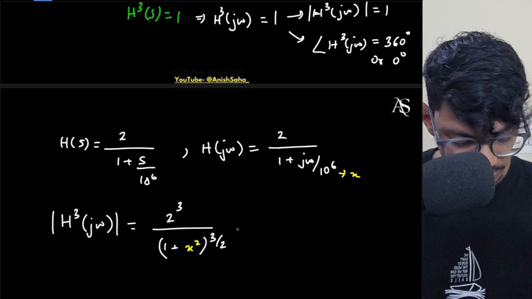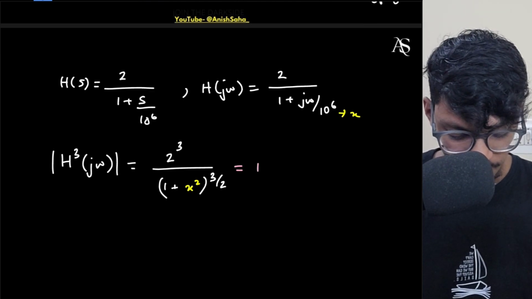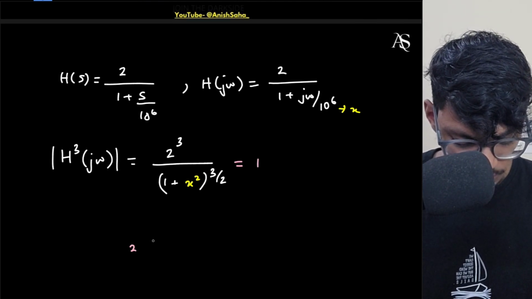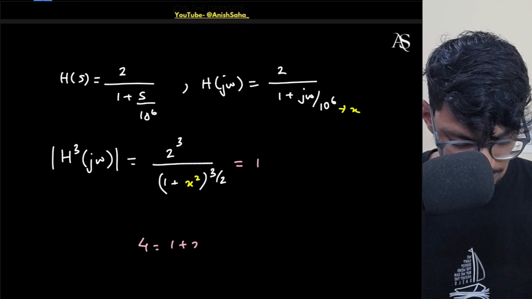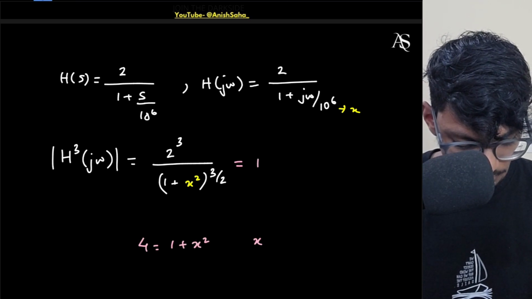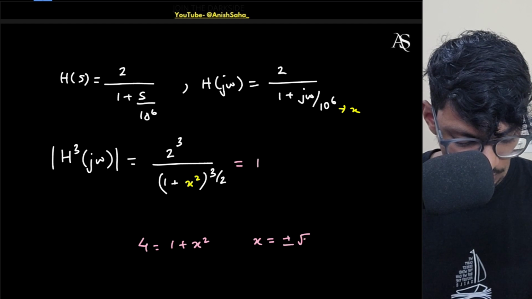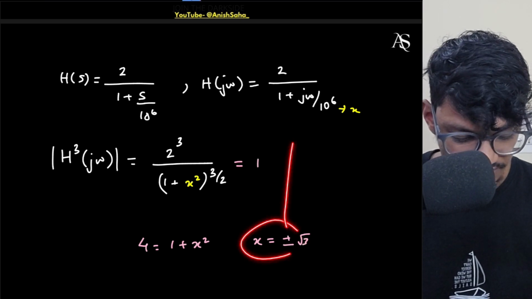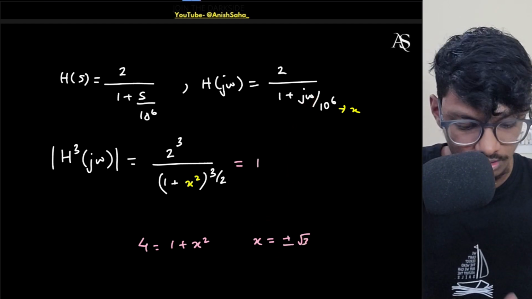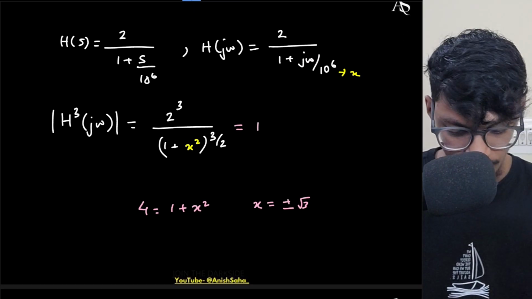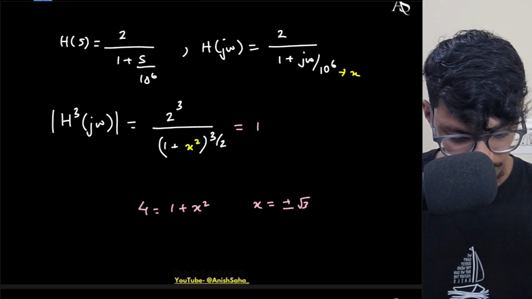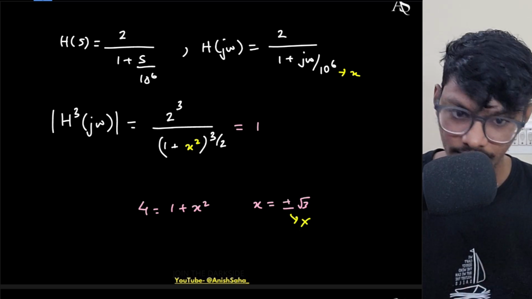And this should be equal to what? This should be equal to 1. So if I equate this, this will be 4 equals 1 plus x square, or x equals plus minus root 3. Now obviously I know x is frequency, and when we talk about frequency in analog electronics, we talk about positive frequencies. So I will assume x to be positive. I will ignore the negative answer.